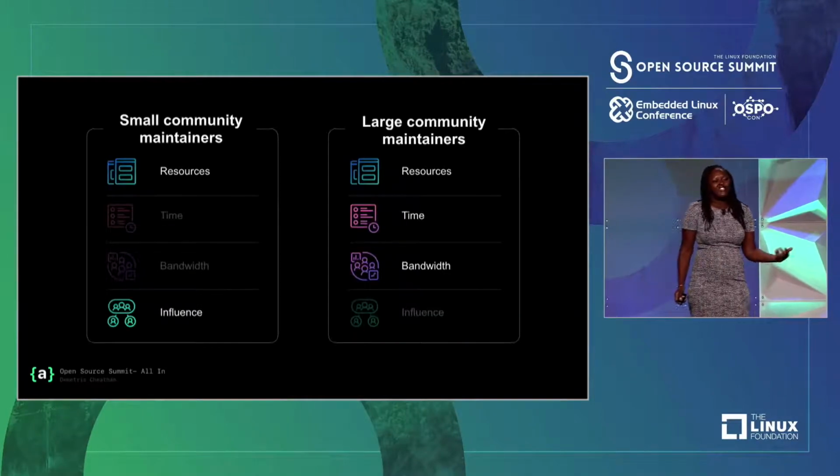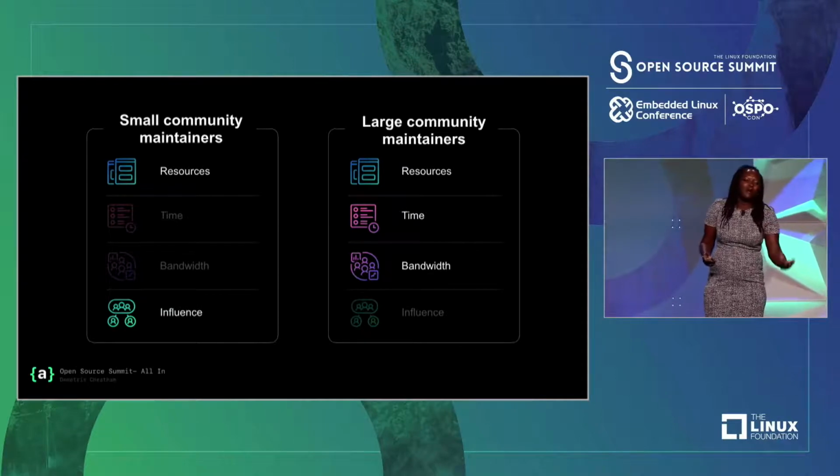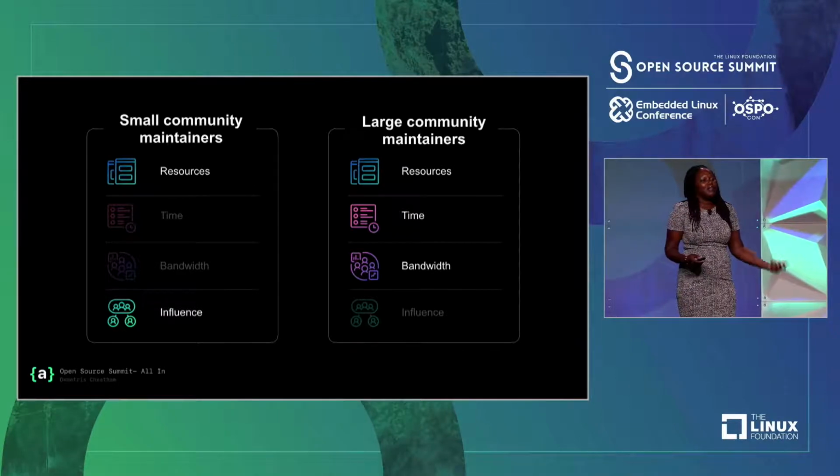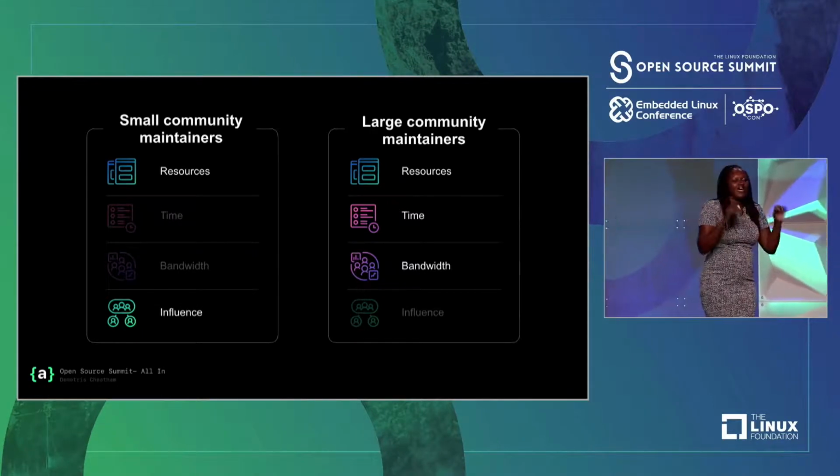And that's when the conversation started to differentiate a bit. When you spoke to the maintainers of the smaller communities, they said we have the resources, but we just don't have the time or the bandwidth to focus on it.